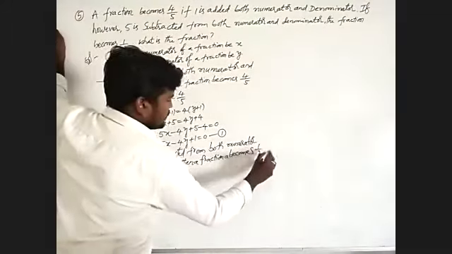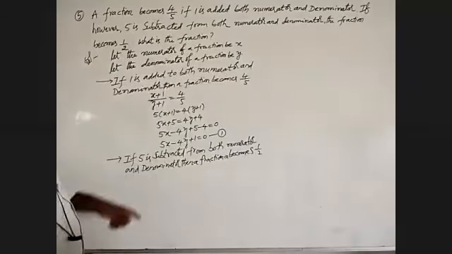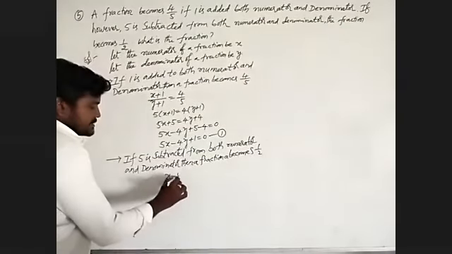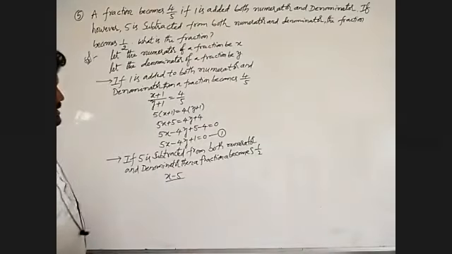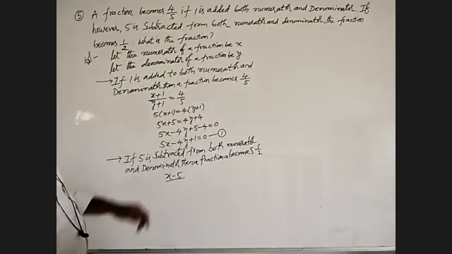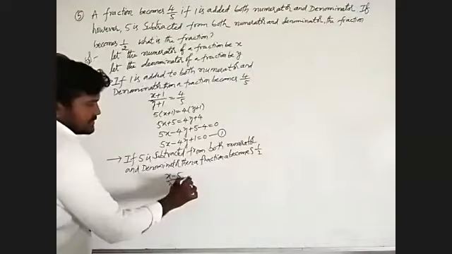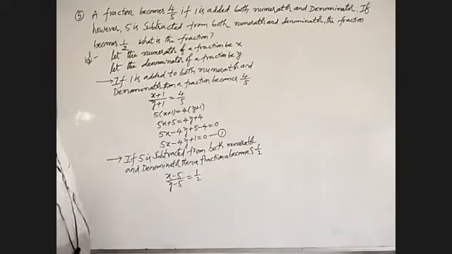The numerator will be subtracted by 5, that will take x minus 5 by, denominator also will be subtracted by 5, that will take y minus 5, that is equal to 1 by 2.